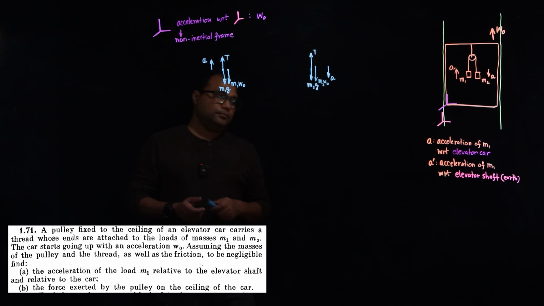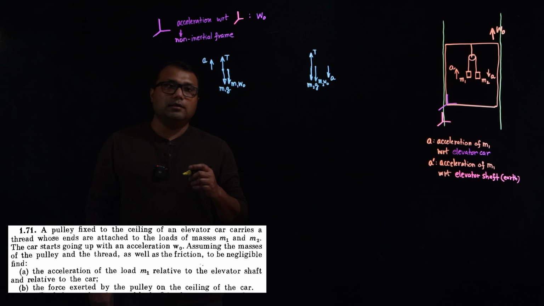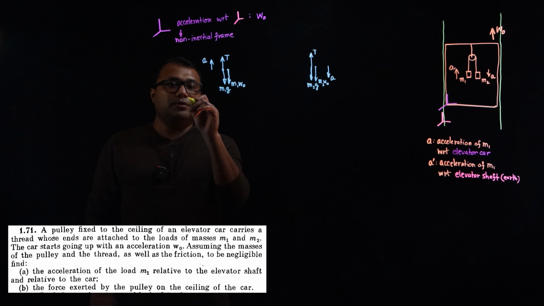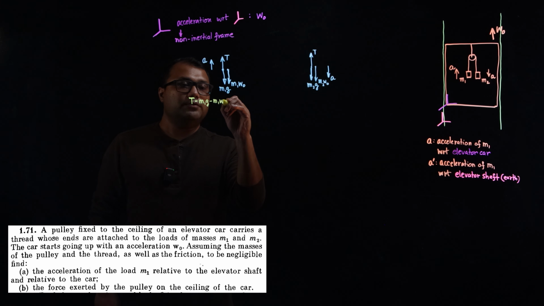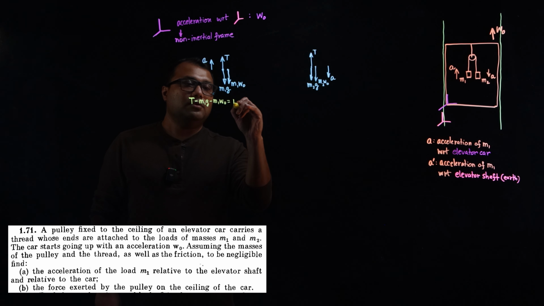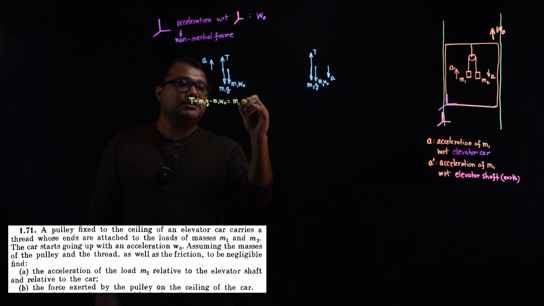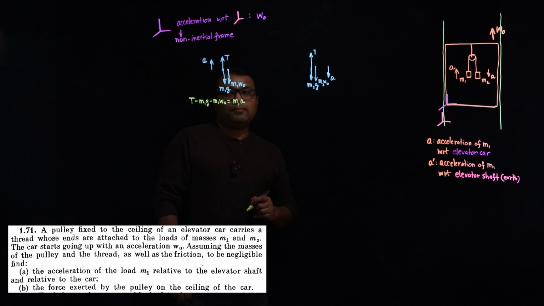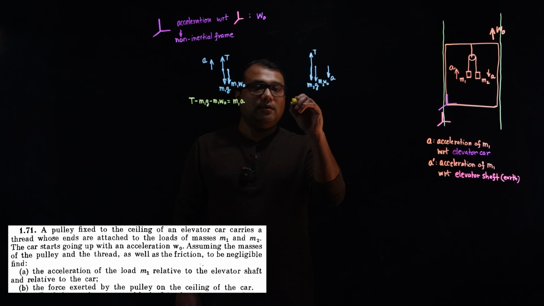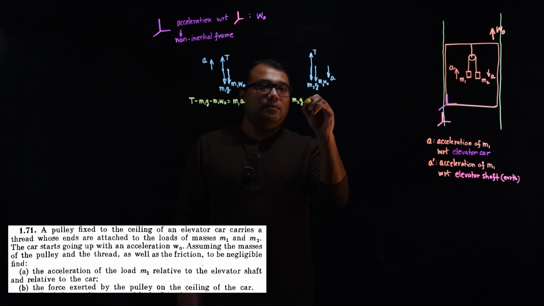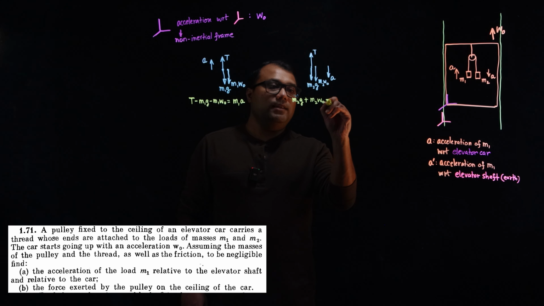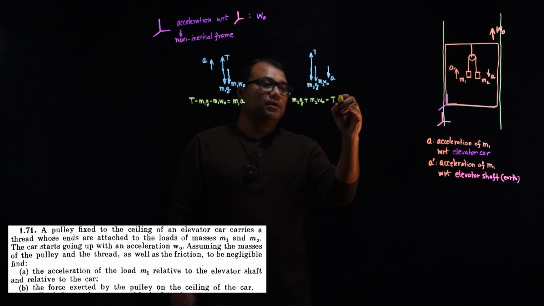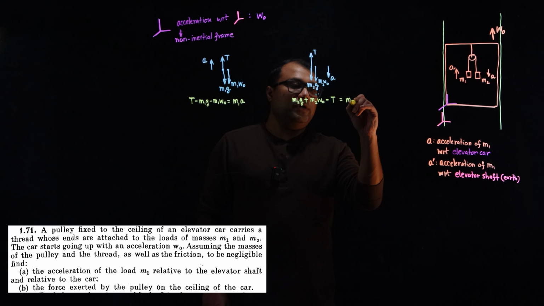Now we can write the equations of motion. So tension minus m1g minus m1w0 is equal to mass m1 times acceleration a, and here we can write m2g plus m2w0 minus tension, so net force is equal to m2a.